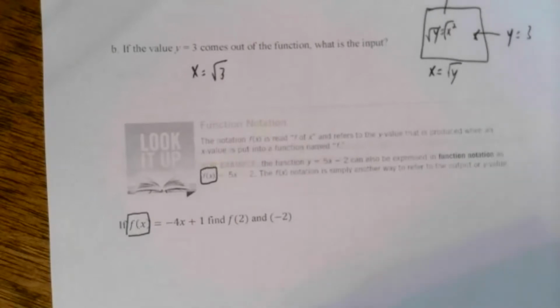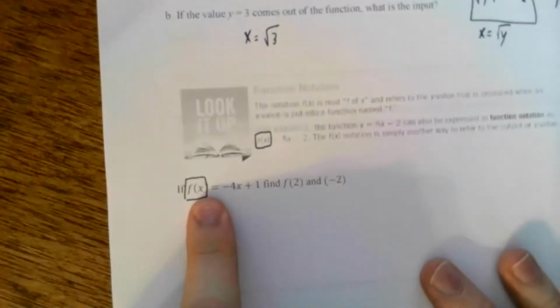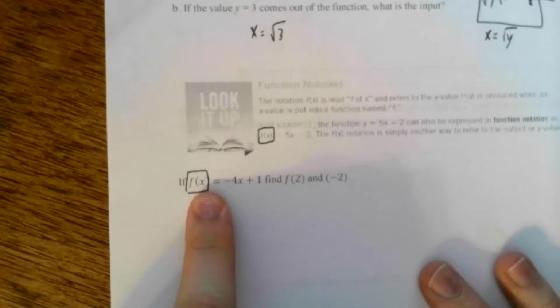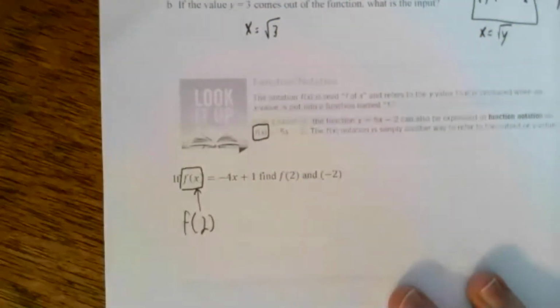So instead of saying, hey, x equals 4, so plug it into this, we can just put the number in where x is in this f of x. If I wanted to find f of 2, that's just saying substitute in 2 wherever you see an x.